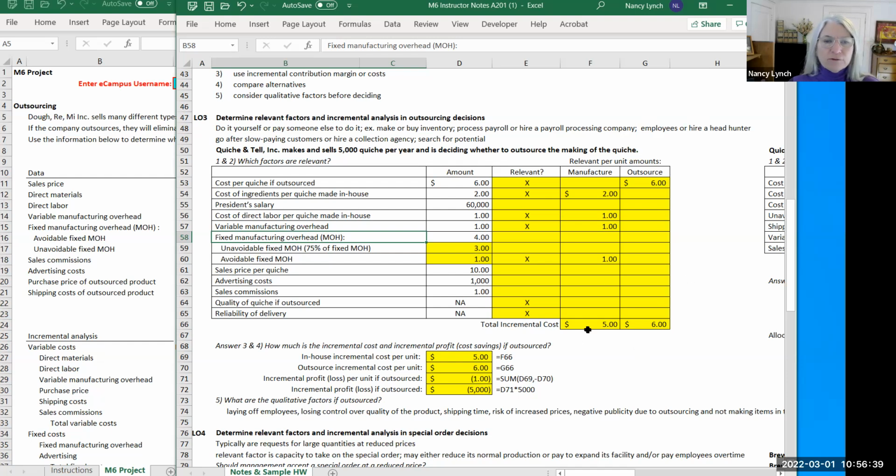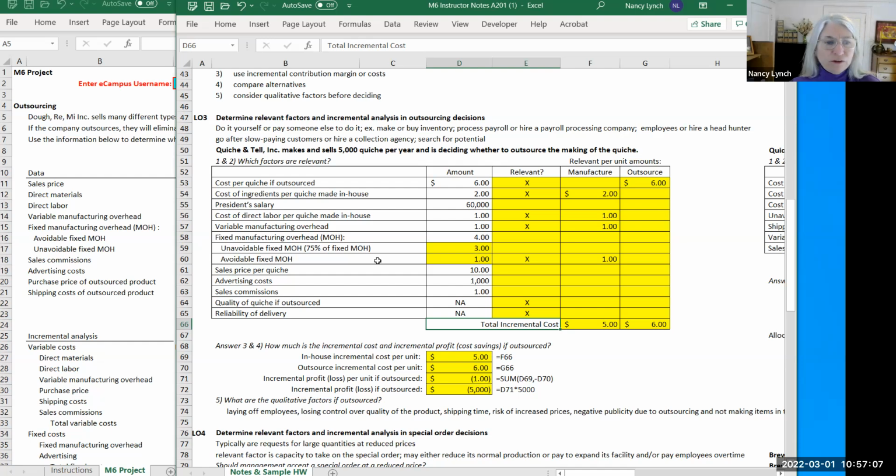Then you want to be careful, like with homeworks, as you probably already found, you've got to understand whether it's per unit or in total. But this module deals with what we call incremental. So typically, if we do one more unit, or if we outsource one unit, what will be the cost? And then you make that comparison. There's others, though, that we'll talk about in a moment.